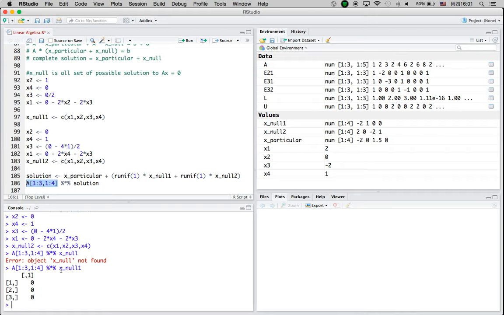So this vector multiplied by the coefficient gives 0. We check the second vector, and we also get 0. So we verify that these two vectors are in the null space.